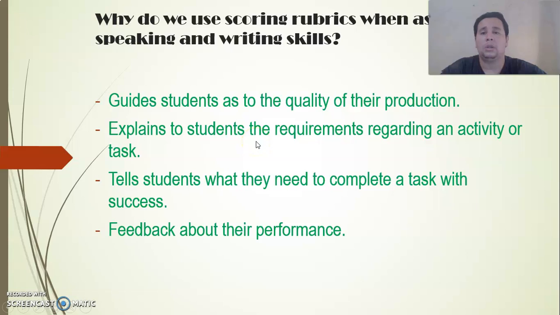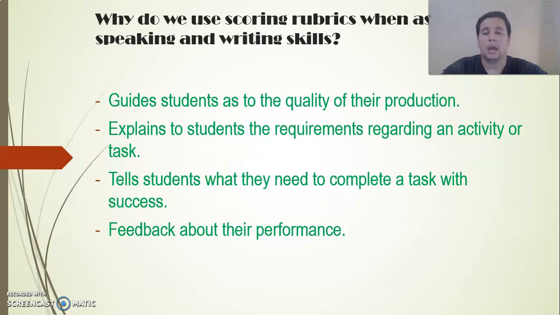So, a question: why do we use scoring rubrics when speaking? The answer is very simple. We use scoring rubrics to assess the student's performance in speaking or writing because they can guide the student as to the quality. Also, it explains to the students the requirements regarding an activity or task.